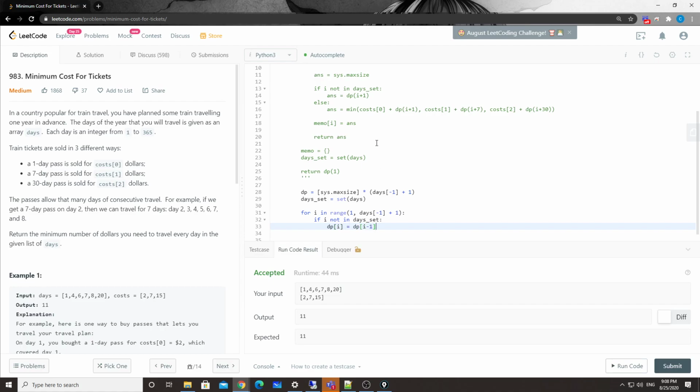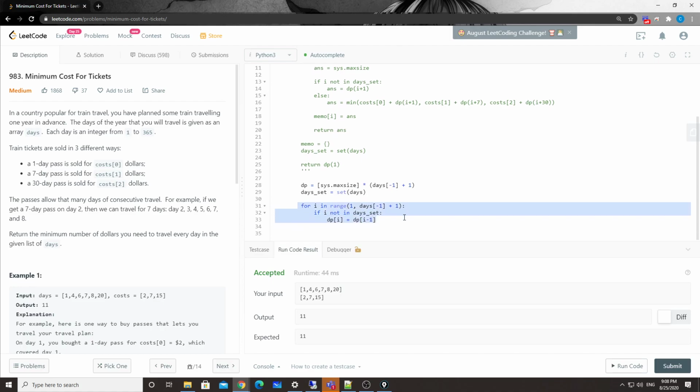Like I said, for the bottom-up DP solutions, we always look back. For the current DP state, what are the ways we can get to it? The first one is if the current day is not in our itinerary, so not in our travel plan, then we don't have to travel. We can simply inherit the cost from the DPI minus one day.